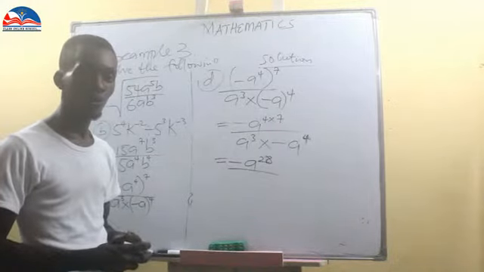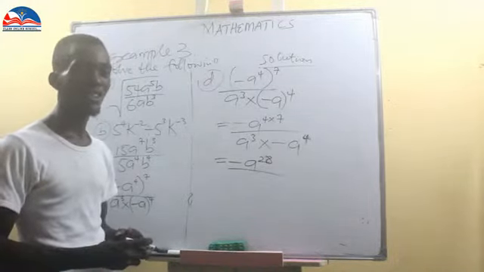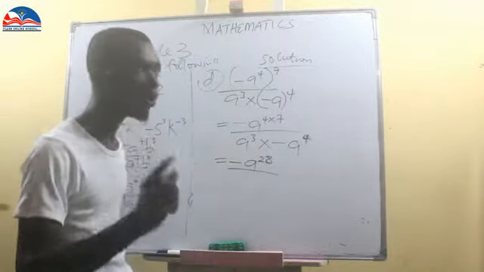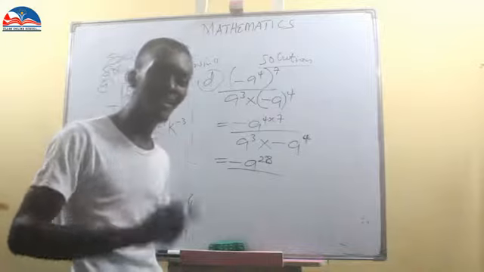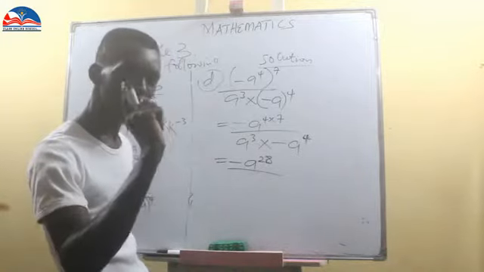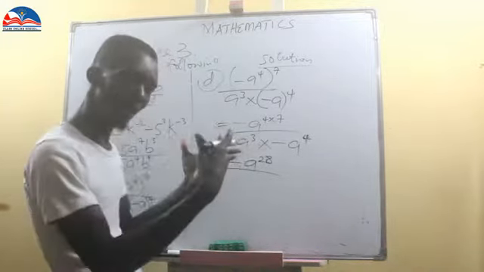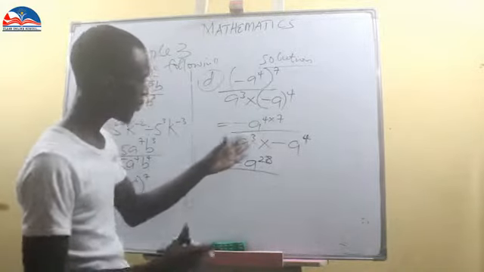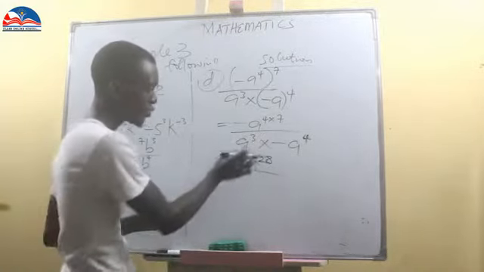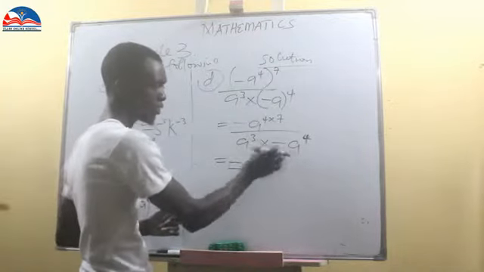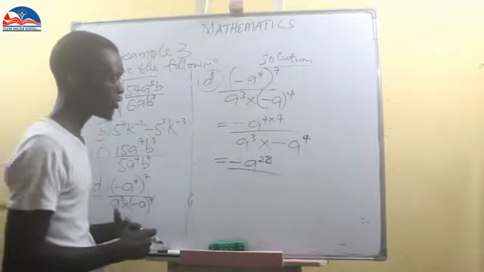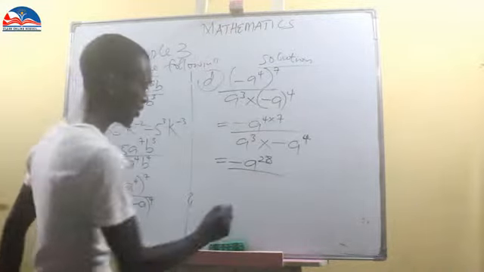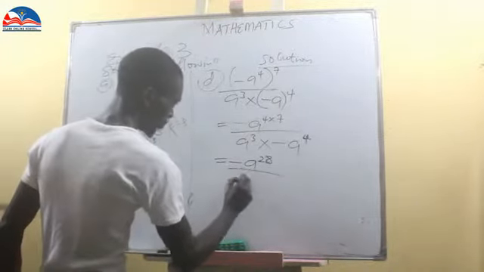If two equal or same multiplying bases are indexed, take one of the base and add the indices. So here we want to apply the multiplication law. The two bases are the same. So we are going to add the indices, taking one base.